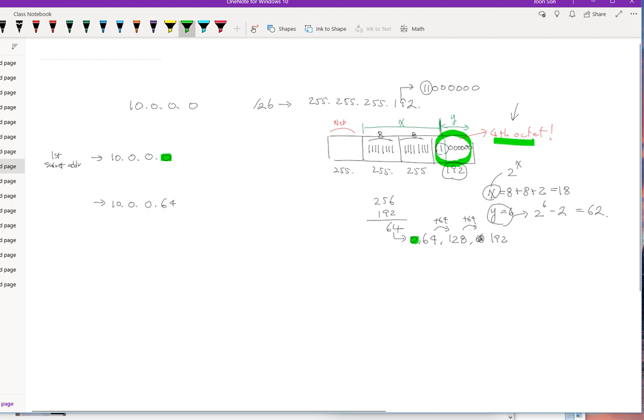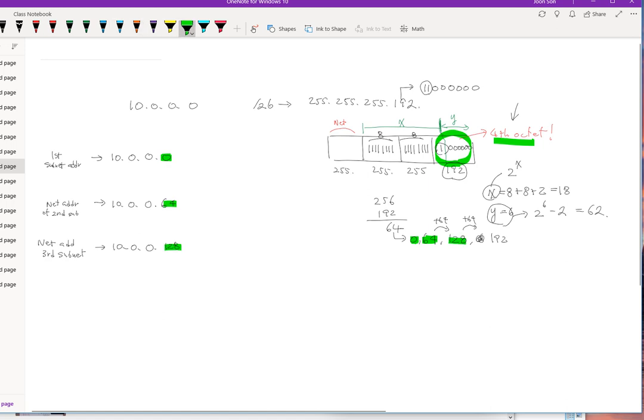10.0.0.64, right? So here's a 64, and this is the network address of the second subnet. And then the network address of the third subnet is 10.0.0.128, right?